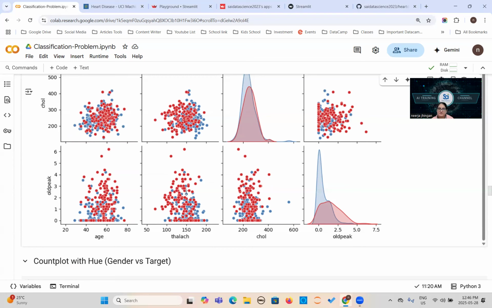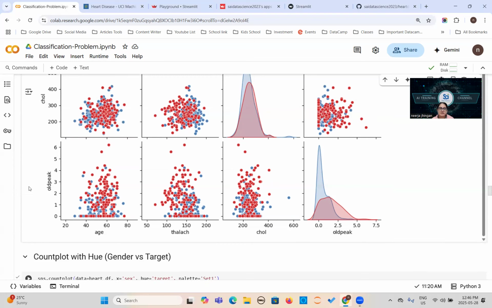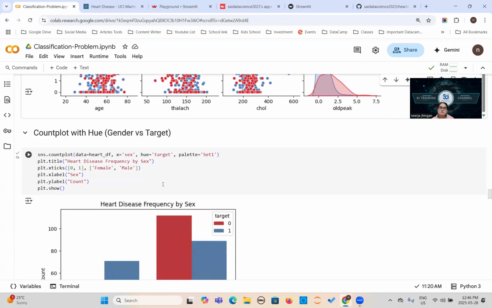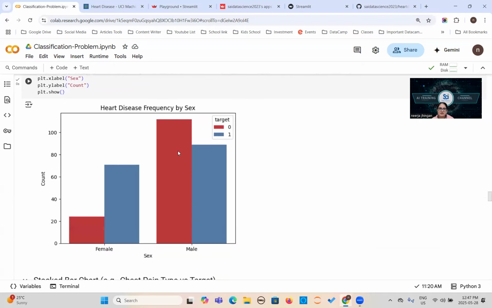Another graph, and then we will move ahead. We can have a look at gender versus target too, because we want to know whether males have a high risk of heart disease or not. Okay, so look at this result. Again, red means no disease, blue means has heart disease. First, look at the female. The female count is between 65 and this is no heart disease, less count, right?